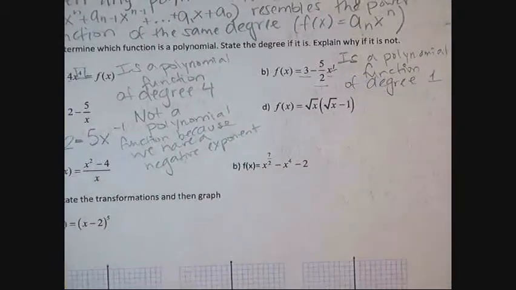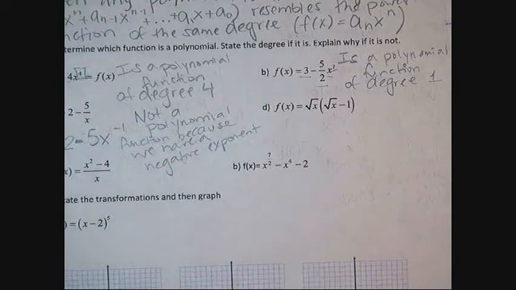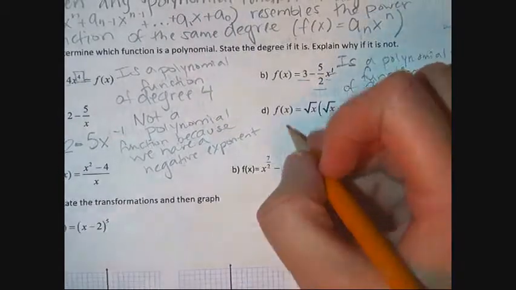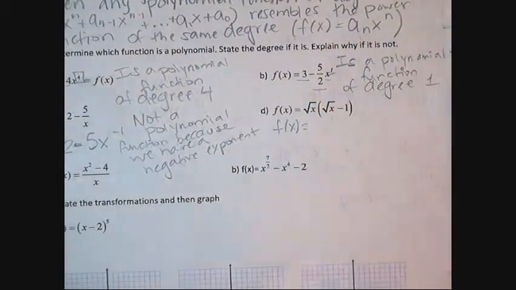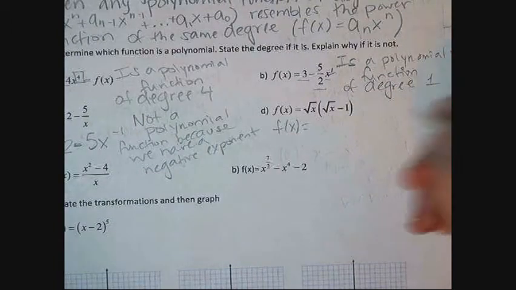Moving on to D. D is very difficult to see as it is now because we have two different parts that are being multiplied to one another. Okay. We also have this square root going on. We know, however, knowing our exponent rules, that having the square root of an x, or anything for that matter, is the same as writing a fraction exponent.